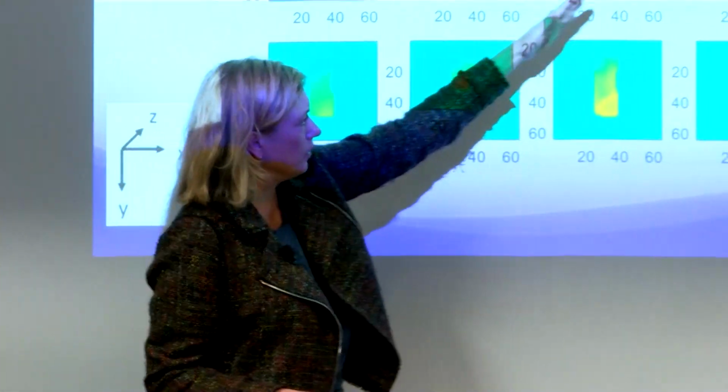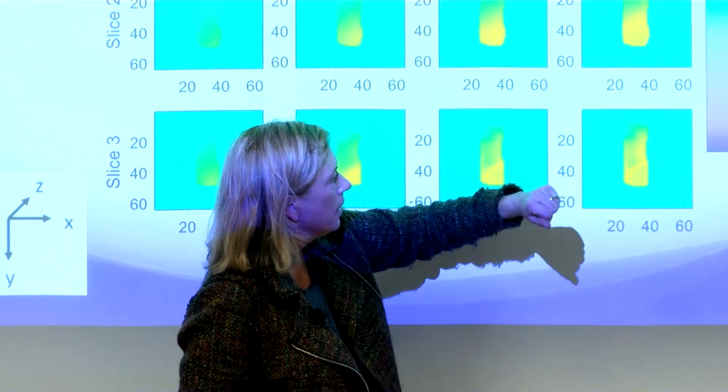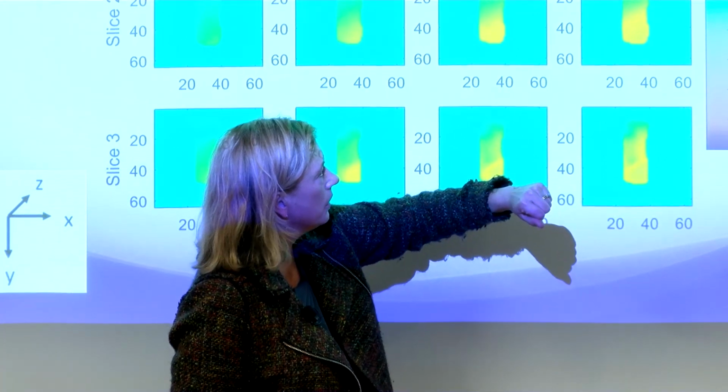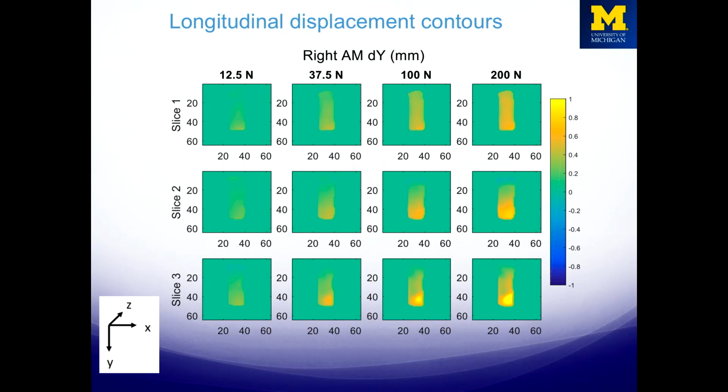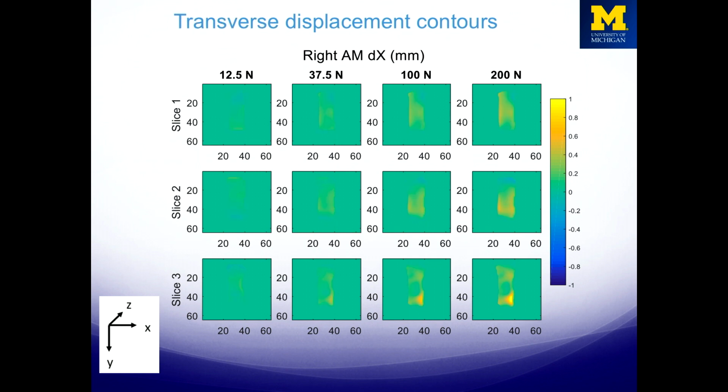It's perhaps best to look over here where the load is the highest. We fixed the top and pulled the bottom down, and down we said was positive. So this is positive displacement, and this is essentially near 0 displacement. So we're getting that displacement field in the vertical direction as a function of load in all of these slices.